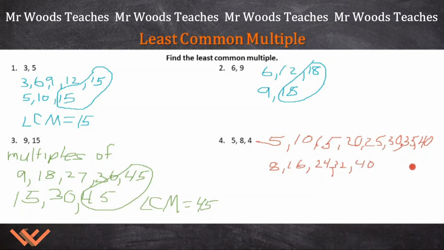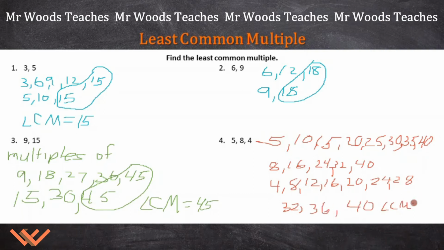And you may be asking, why is Mr. Wood stopping at 40? Well, I have memorized my multiplication tables. So I'm going to say 4, 8, 12, 16, 20, 24, 28, 32, 36, and 40. So the LCM equals 40.